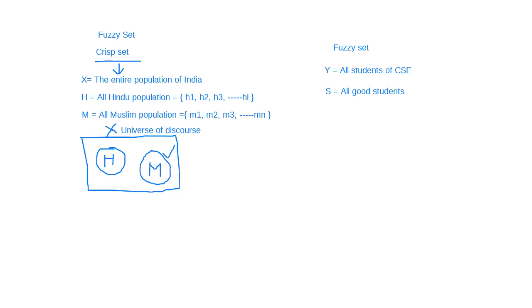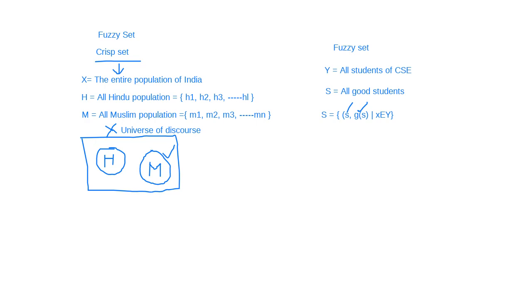So in a fuzzy set, you define two things: one is the element itself, a student in this case, and then the degree of his goodness, how much he is good.